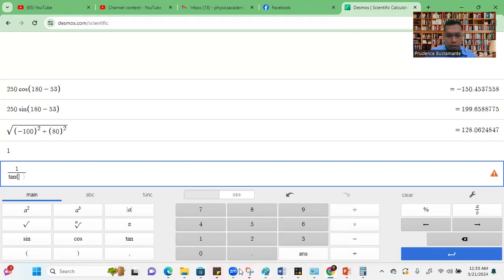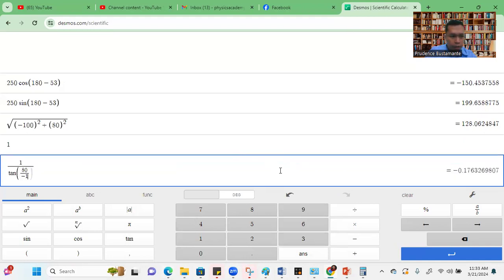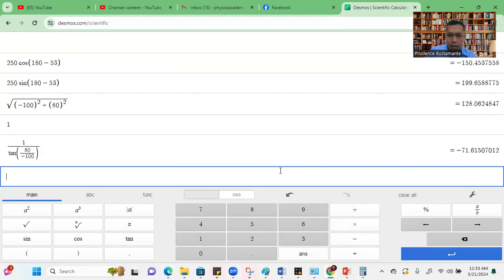One over tangent of, so let's try this one. And 80 over negative 100 was, so 71 degrees.